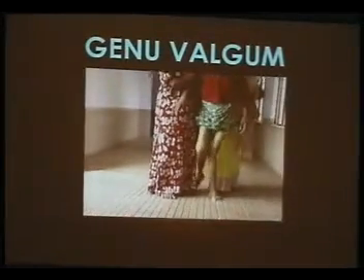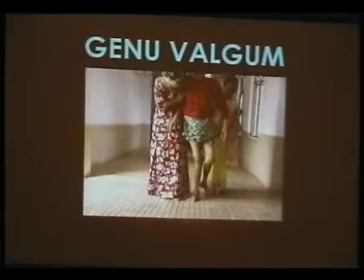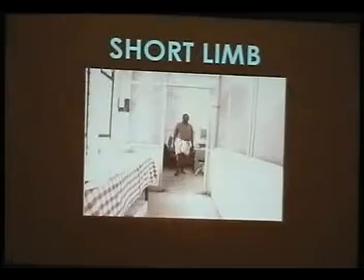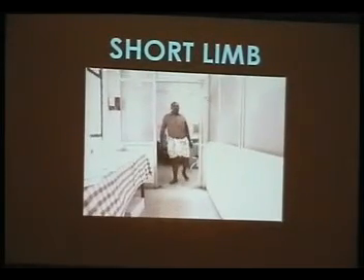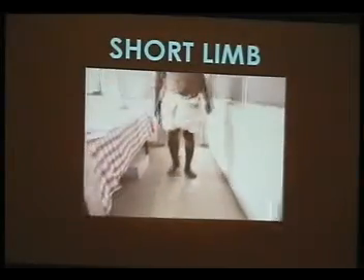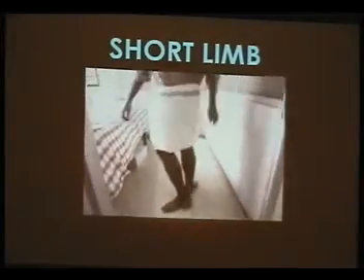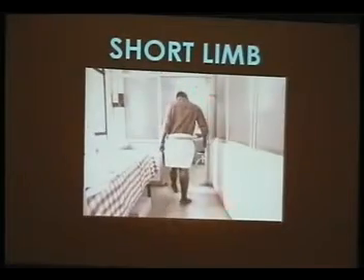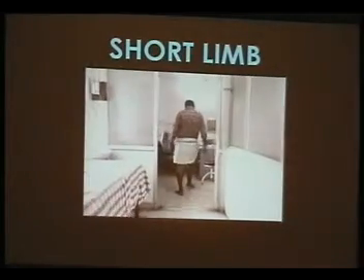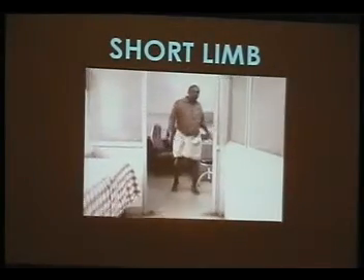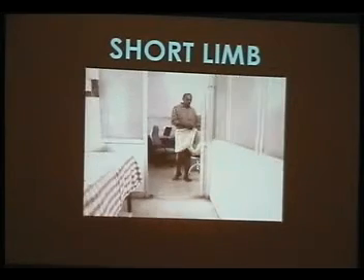And even with the support, just see the difficulty that this patient has to walk. Short leg, good compensation. Now he is also lurching. Actually he is not lurching, he is keeping his shoulder fixed down on that side to compensate for the length on that particular side. What happens?